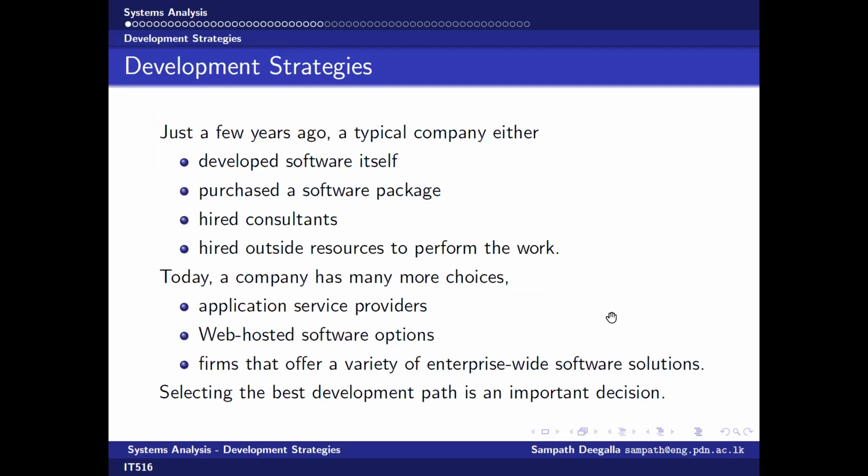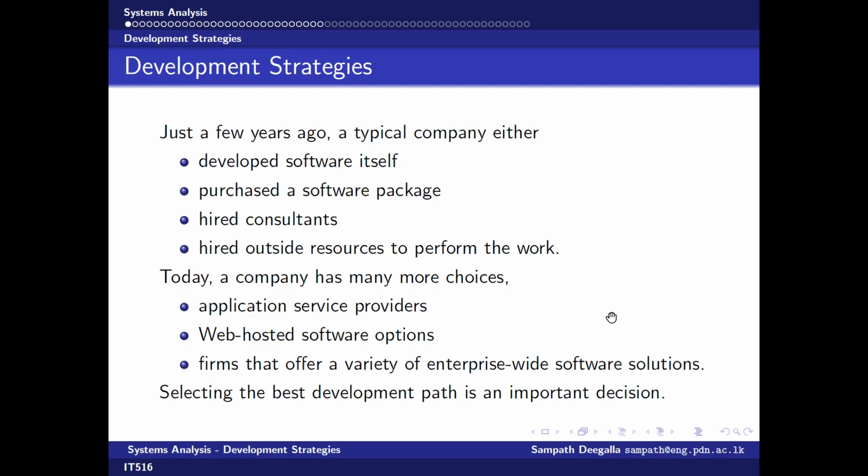Now, once you have the design phase, you have to think about what development strategies you have. That means once you have decided on what kind of information systems you are going to have, we need to design what the development strategy will be, right?